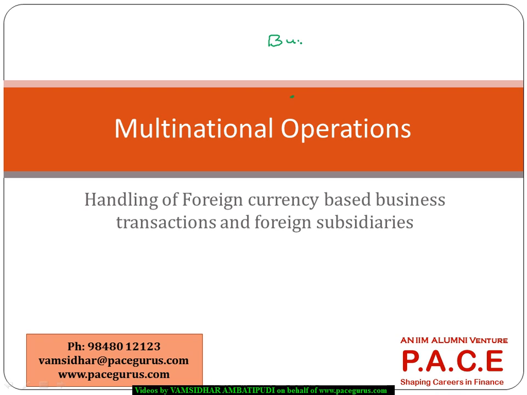So buying and selling of goods in other countries, that is one aspect of multinational operation. Two, having subsidiaries in other countries. So in these two cases, how does a company account for these kinds of transactions?